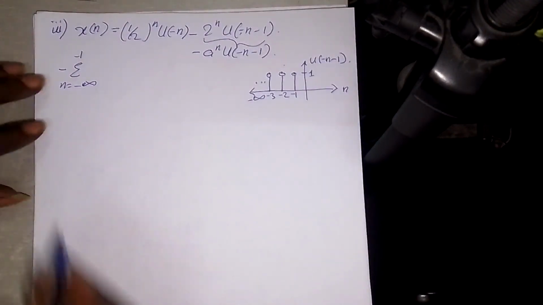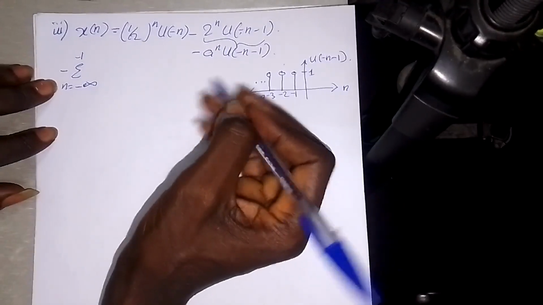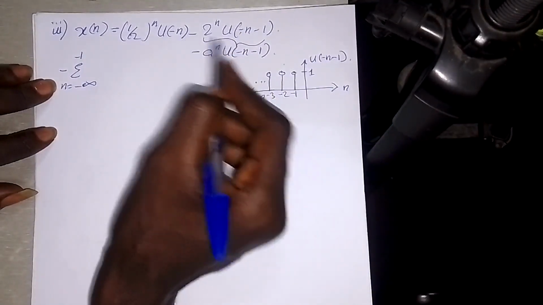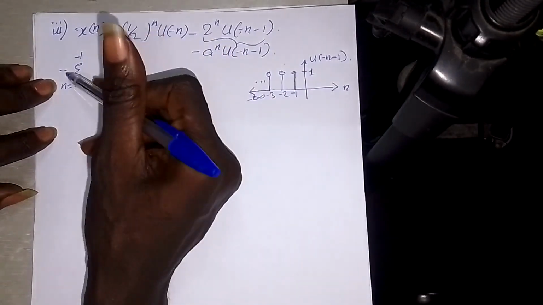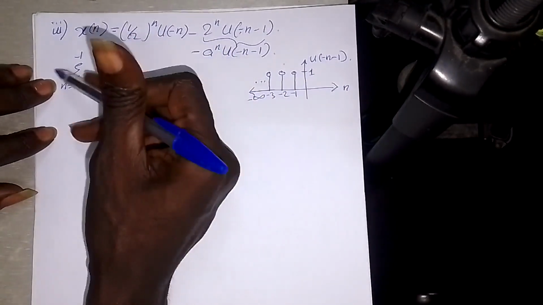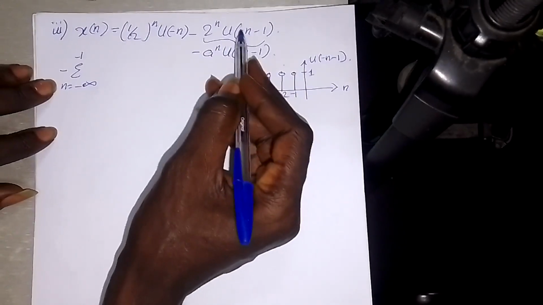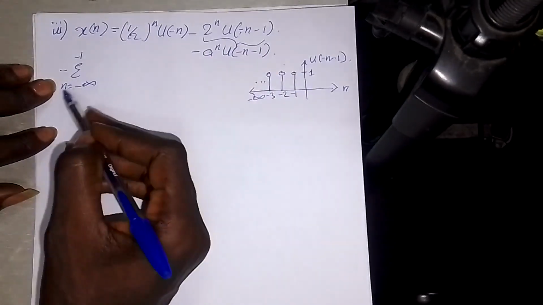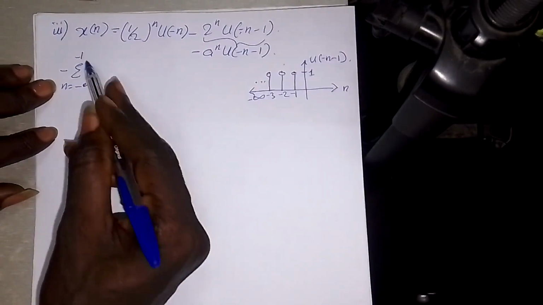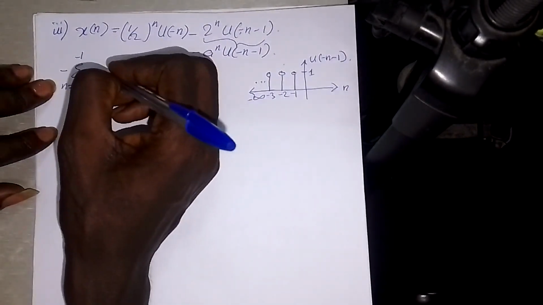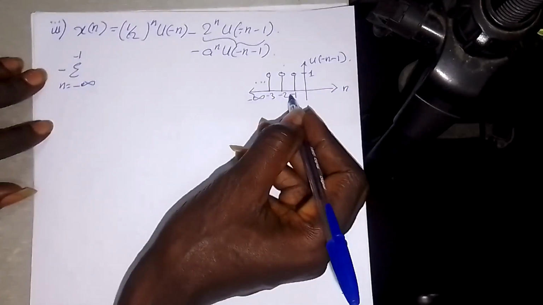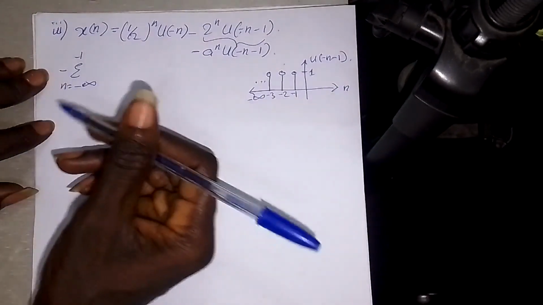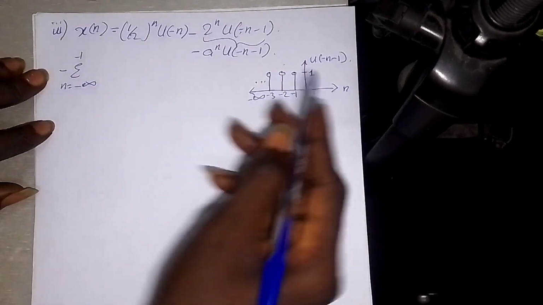So we are coming from minus infinity to minus 1. And this minus sign here is what I have brought here. This sequence is what is giving us these limits, from minus infinity to minus 1, and the value is 1.